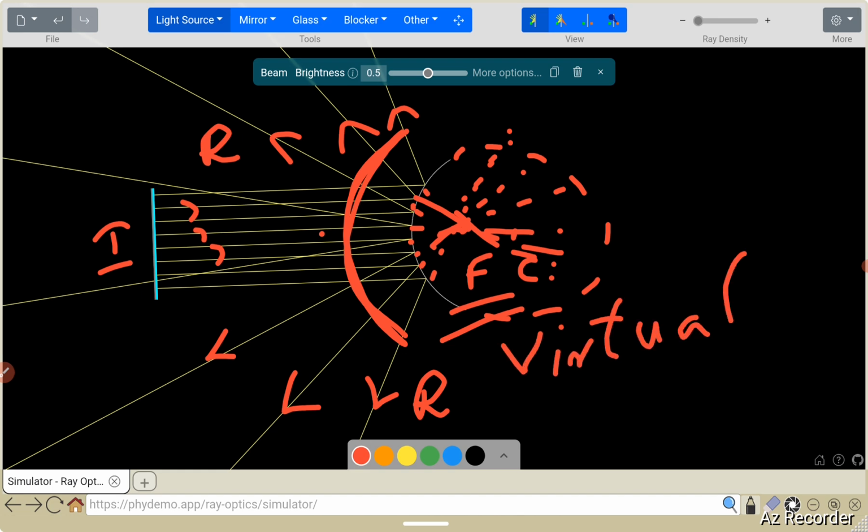In the concave mirror, where you have seen that the reflected rays are actually meeting somewhere in front of the mirror, correct? We'll see that now.